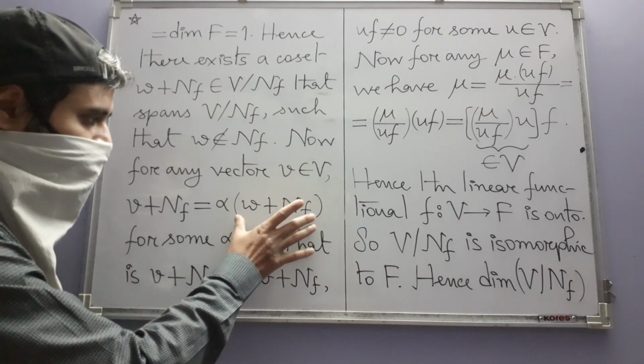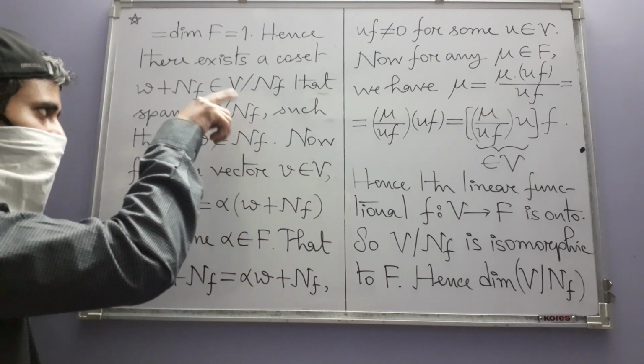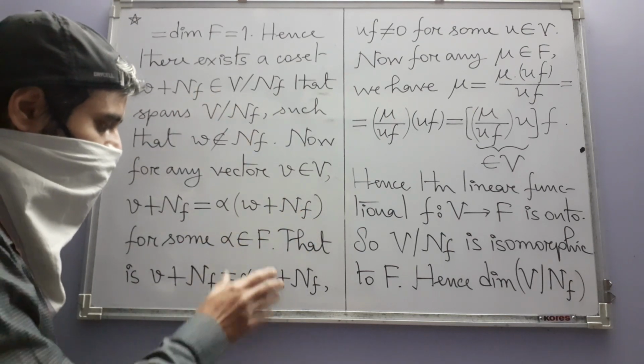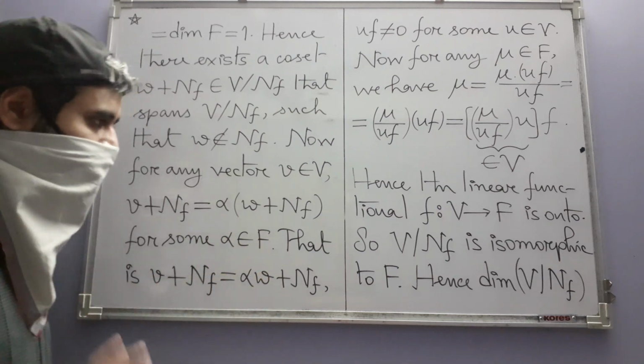Recall how we multiply a vector in a quotient space by a scalar. This is the definition of that multiplication.